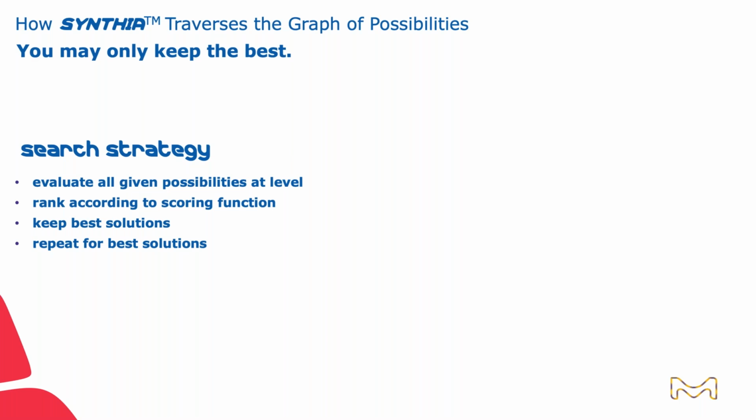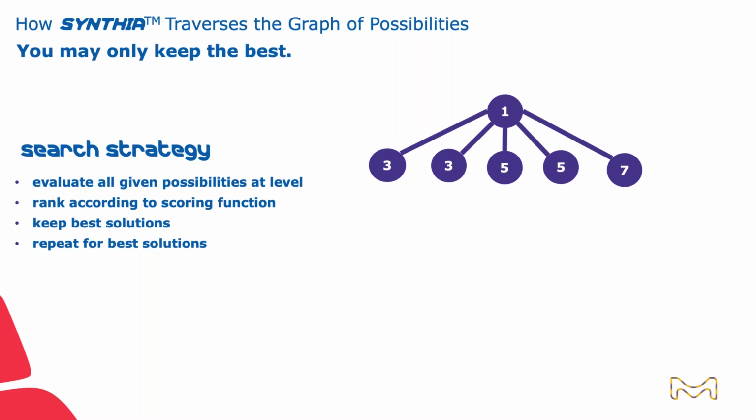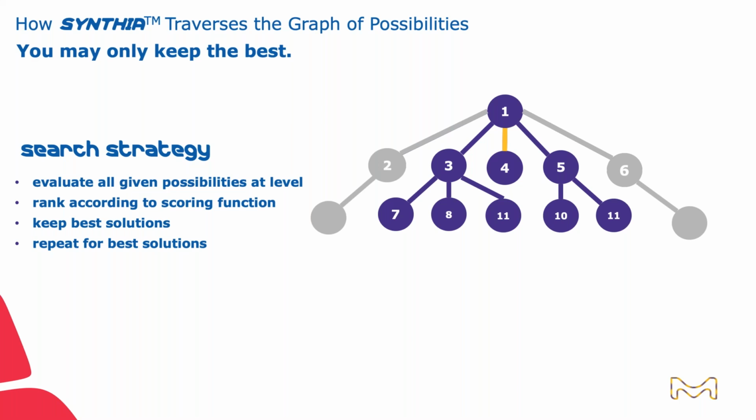That complicated graph, if we break it down, starts with just a tree, where you start with the target that you're looking to make. Synthia takes that molecule and looks at all of the retrosynthetic cuts it can do going one step back. Then it scores all of these cuts, only takes on the best scoring ones, and eliminates the others. Then we expand those nodes to see all the ways we can make those molecules.